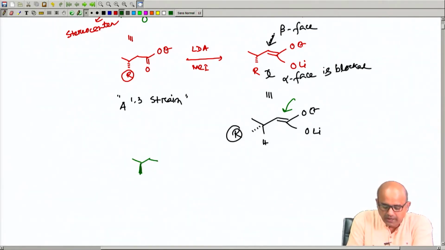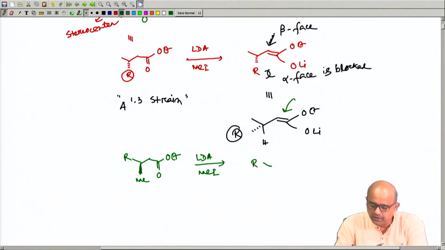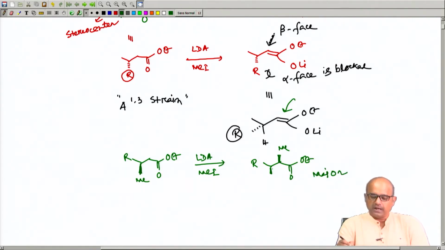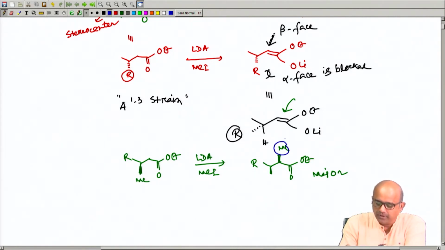If your starting material is this which was given to you, you do have an R here, R I am not specifying, this is methyl, you react with LDA and methyl iodide, your product which you are going to get is this compound as a major one, because just now we explained the electrophile, which is the methyl one, will always attack from the beta face.